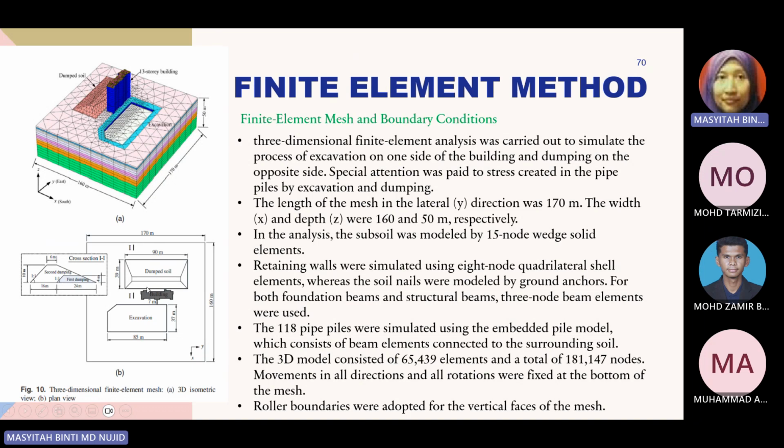You need to draw the right geometry size and dimensions that represent the problem, because we want to simulate the construction activities of dumping and excavation. You can see A and B. A is the geometry model obtained from the software, and B is a schematic layout plan.